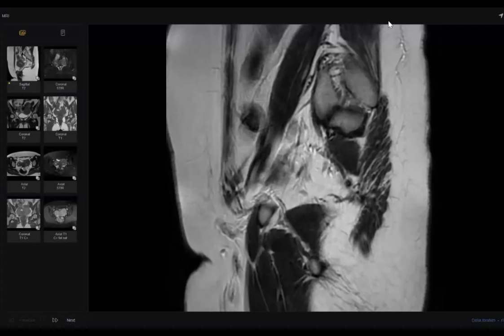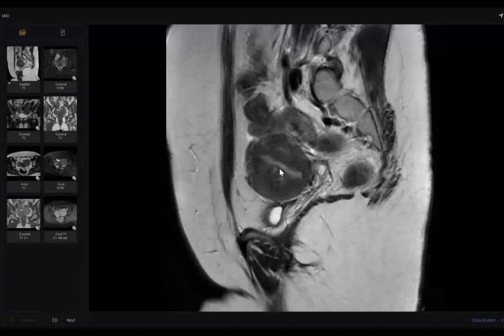So my colleagues, it was a case of multiple pathology. Number one, what happened here? You are examining the coronal, the sagittal, and you find something like this. The best to assess the transitional zone is T2 sagittal. The junctional zone is the zone between the endometrium and myometrium.